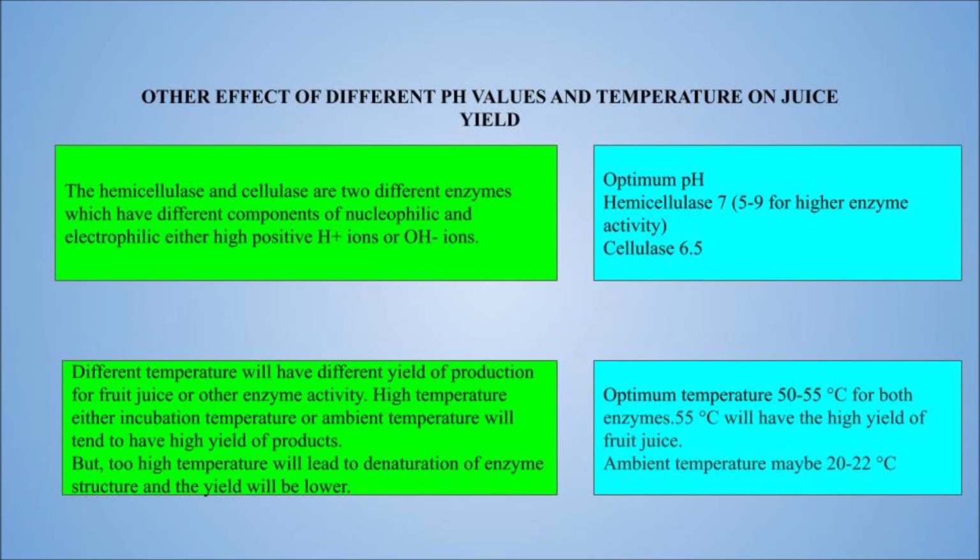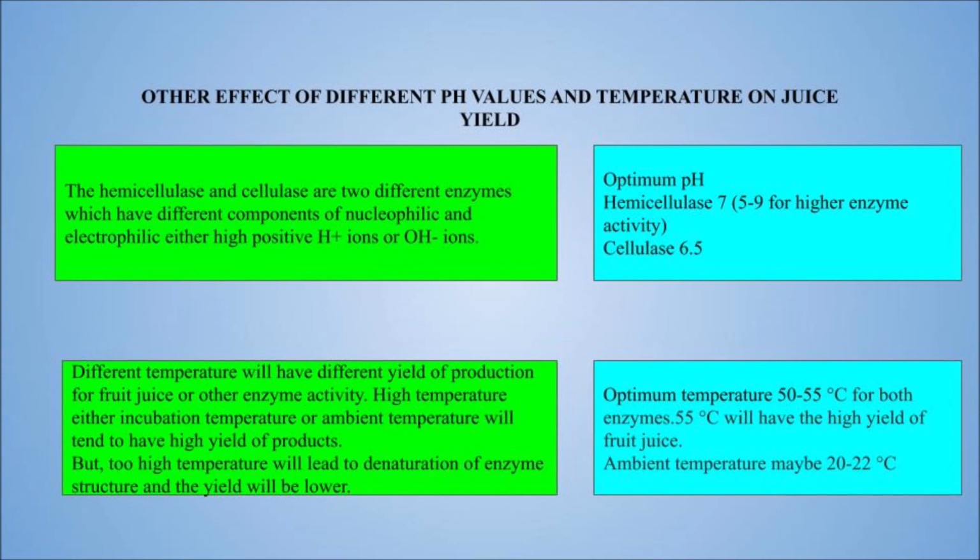So the optimum temperature for this experiment is 50 to 55 degrees Celsius for both enzymes, and 55 degrees Celsius is the highest temperature for producing a high yield of the fruit juice.